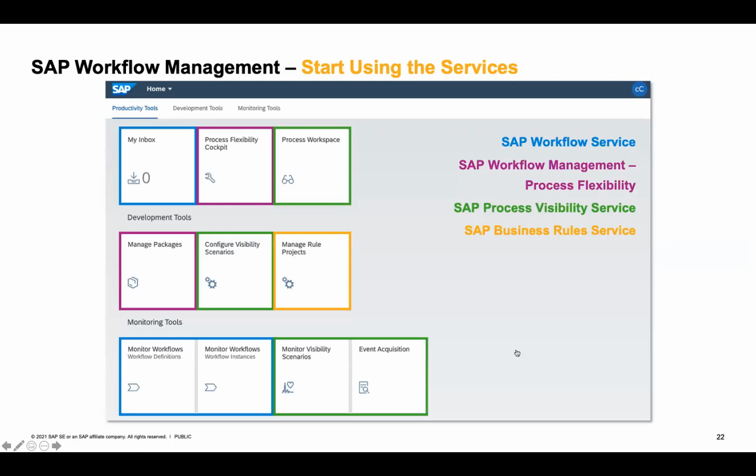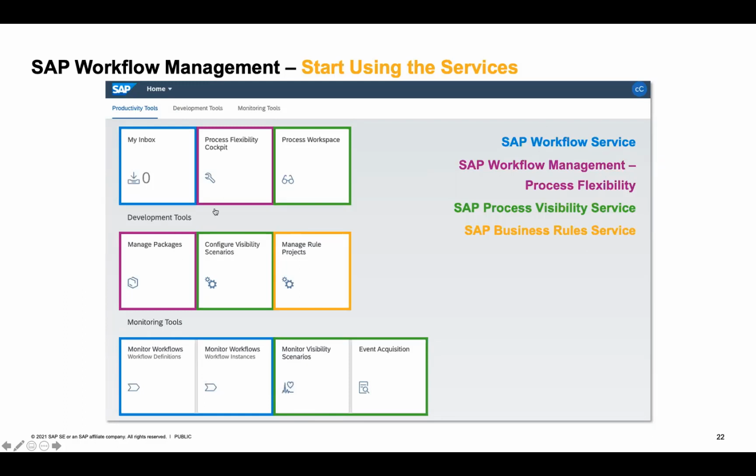This is what the workflow management Fiori Launchpad looks like, just without all the colors. Actually, I added these colors to show which of these tiles belong to which of the services that we activated. For example, the inbox and monitor workflows are related to the workflow service.